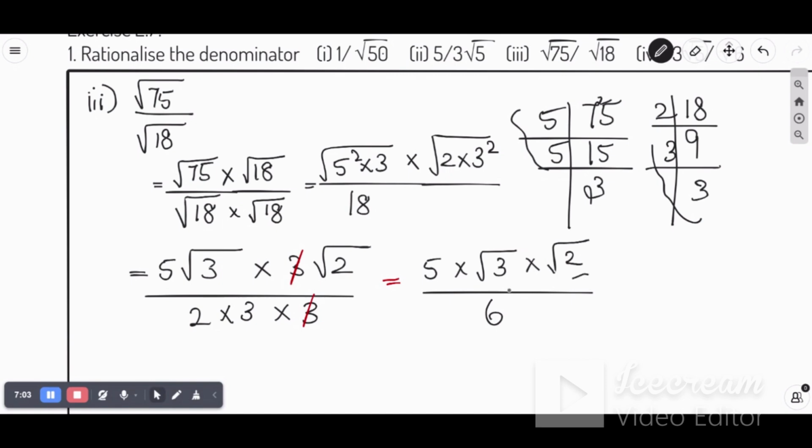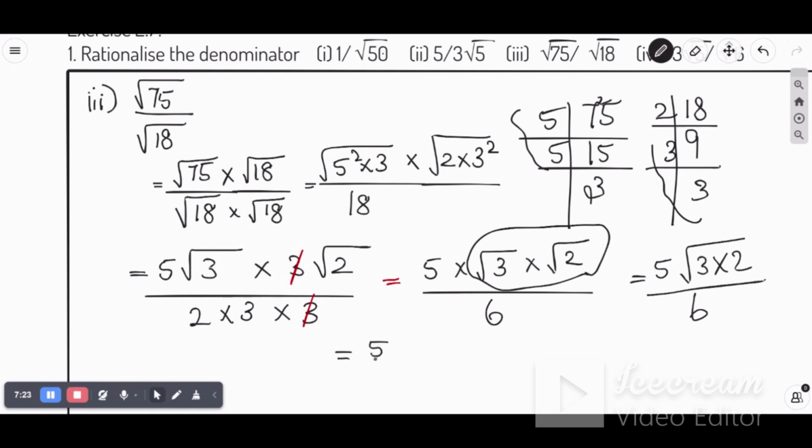Now one quick question is, can we simplify these two further? Yes, we can do it. So how we can do it is, we can write this as 5 square root of 3 into 2 by 6. So final answer will be, this is equal to 5 by 6 and the square root of 6.